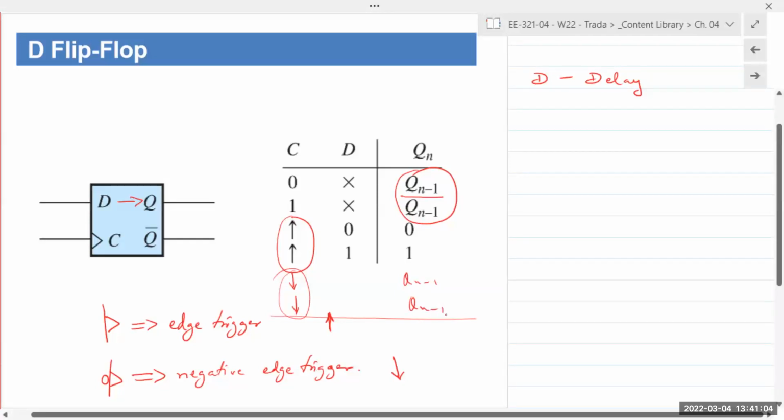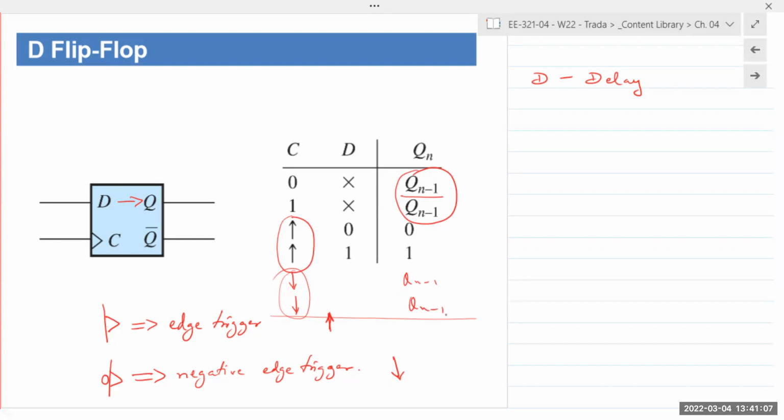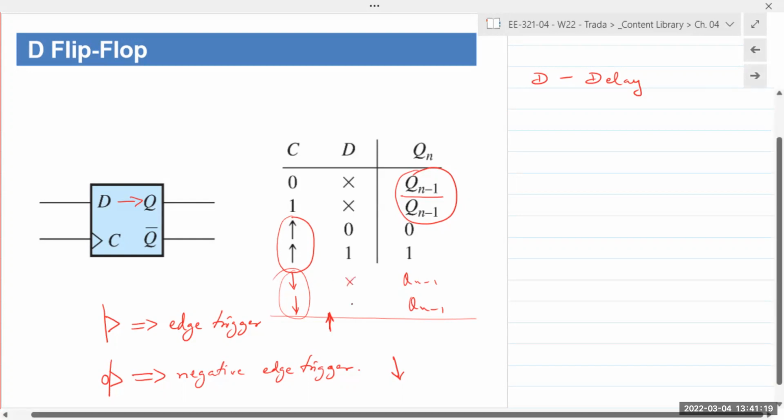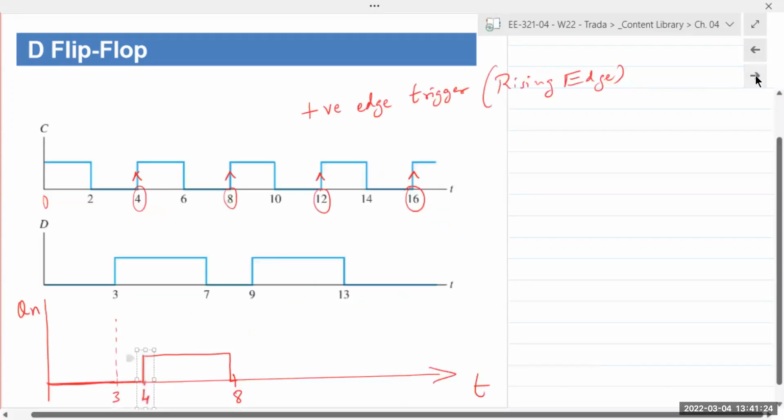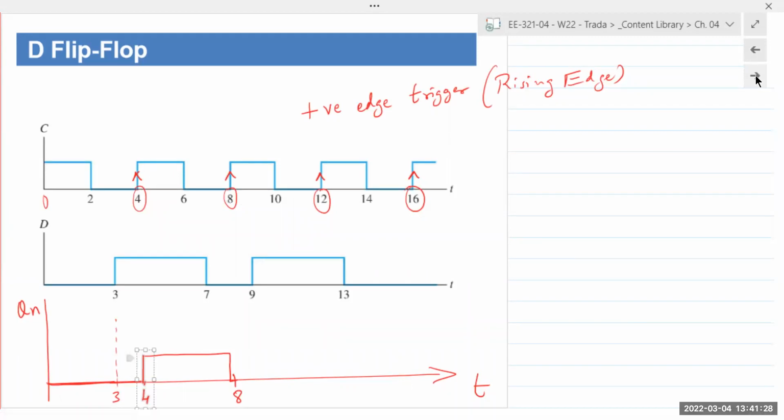D is the input. C is the clock. So here it would be don't care, and the output stays at Qn-1. So it acts like a memory storage. It stores the information, which does not get removed.